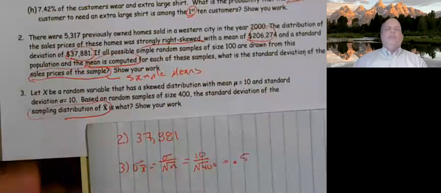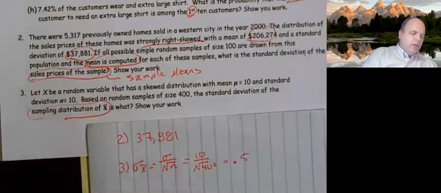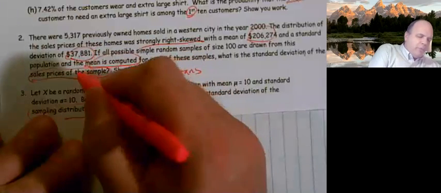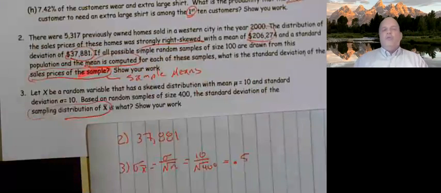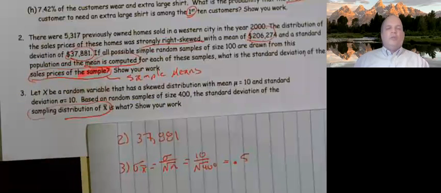All right, so the difference between these two is the sample. The sample values, the sample scores, the sample numbers always follow the population. The population was skewed, so the sample is skewed.